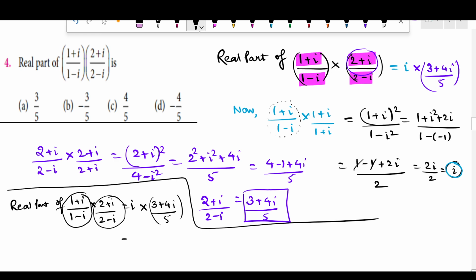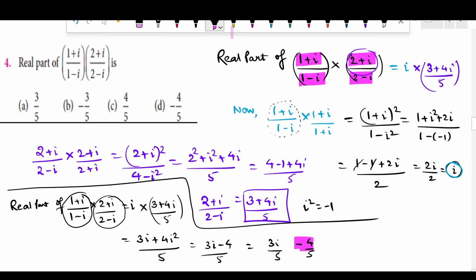Now you can multiply this. This will be 3i plus 4i square by 5. This will be 3i minus 4 by 5, since iota square is minus 1. This will be 3i by 5 minus 4 by 5. So the real part is minus 4 by 5. So your answer is D, minus 4 by 5.